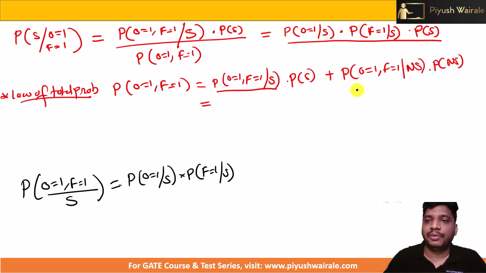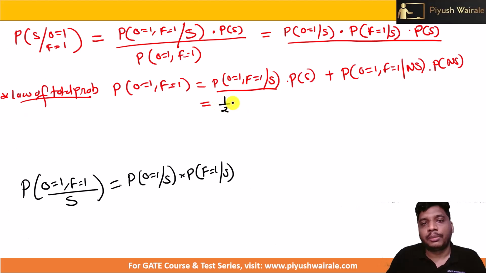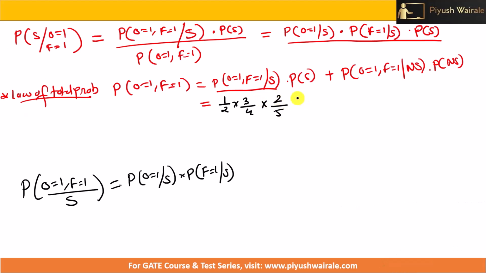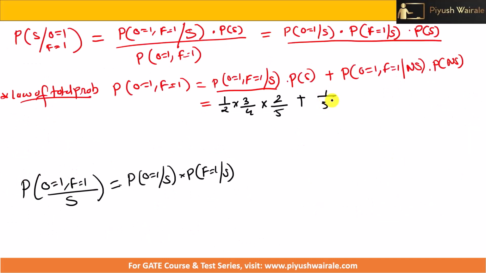Okay. So similarly, we can do it here as well. I'm just writing down the values directly now. So you can see this is equivalent to offer and free given the email is spam: 1 by 2, 3 by 4, and here we have spam email as 2 by 5, right? Plus again this one, that will be 1 by 5 and 1 by 10, into the probability of not spam, which is 3 by 5.